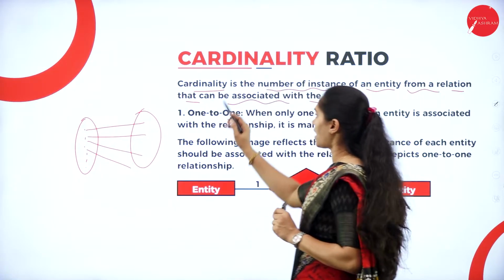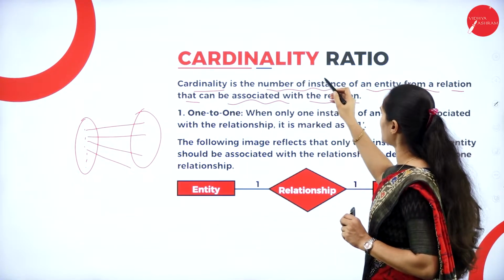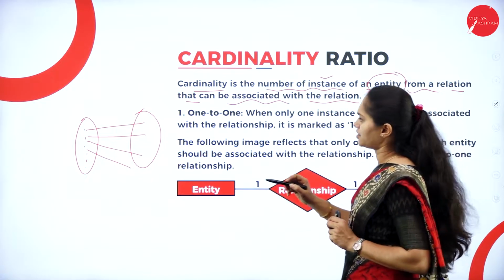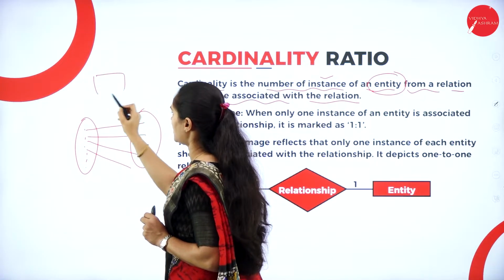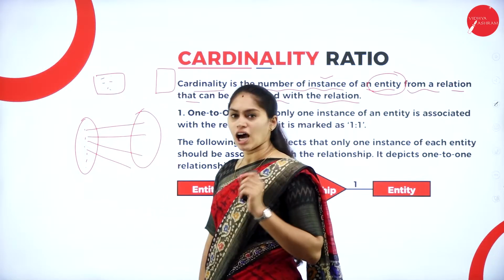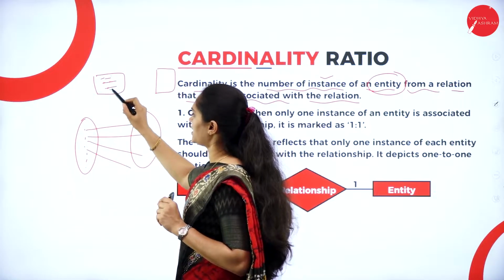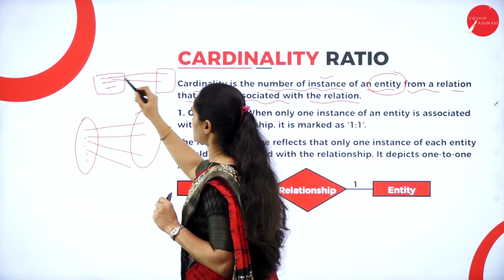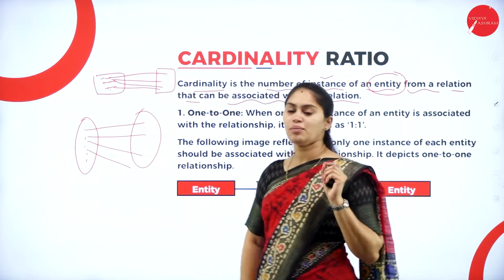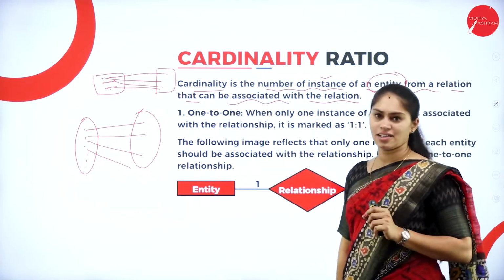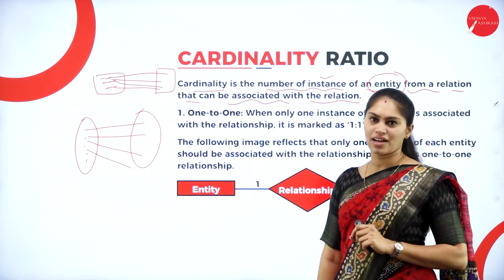That means cardinality represents the number of instances of an entity. If you consider this as an entity and this as another entity, how many instances of this entity are related to the instances of another entity is considered cardinality here.